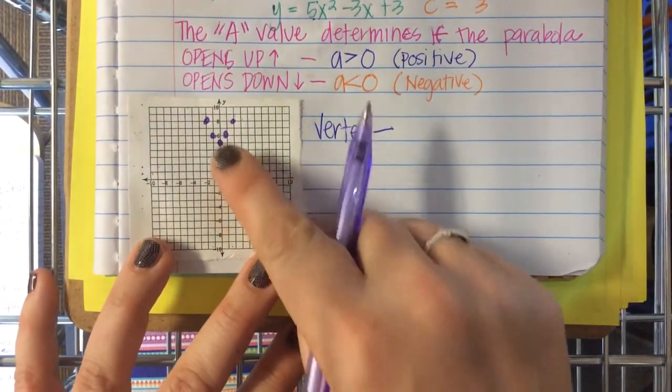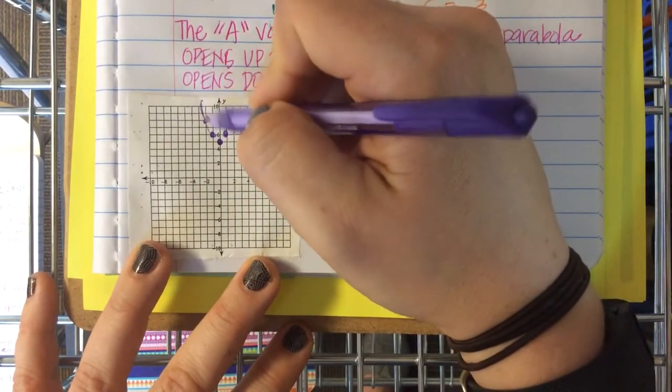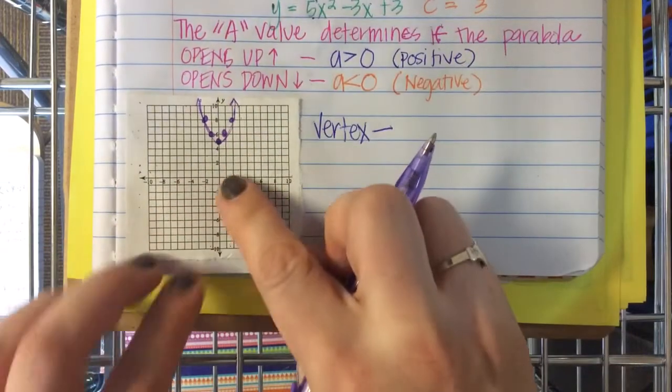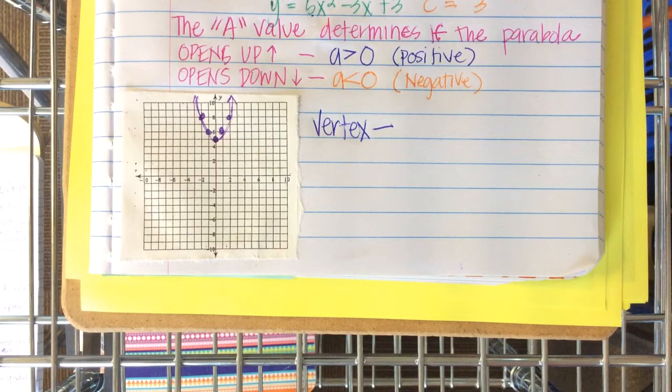You're going to start at 0, 5. And from 0, 5, going both directions to the left and the right, you're going to go out one space and up one space. Put 2 dots. Then from those 2 dots, you're going to go out one, up 2.